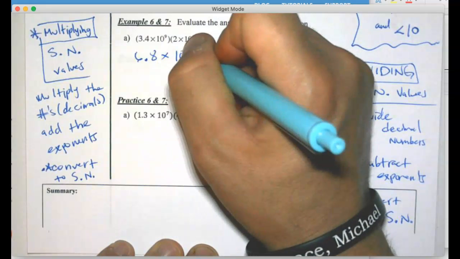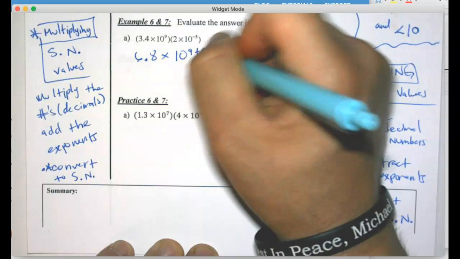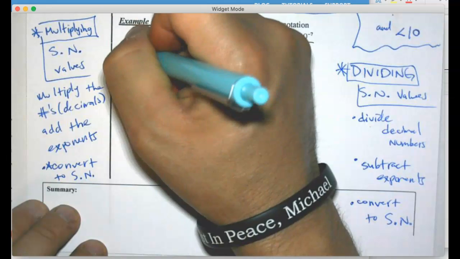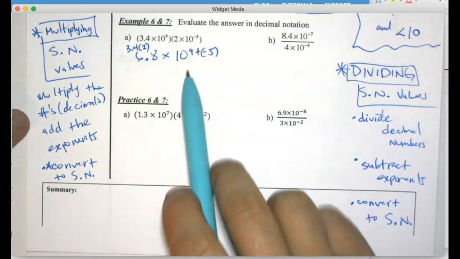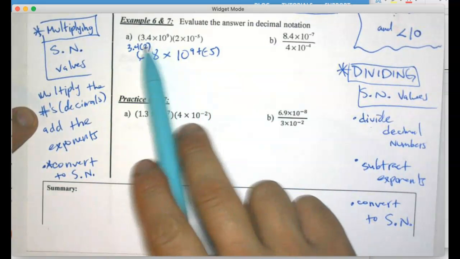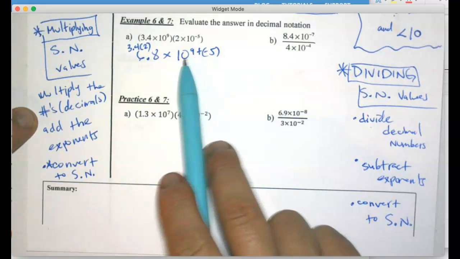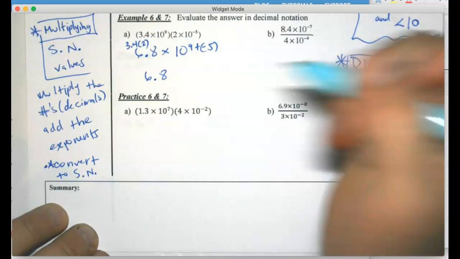I'm just going to add the 9 plus the negative 5. Oh, and sorry, I didn't show it, but I did multiply 3.4 times 2 to get the 6.8. Again, that's multiply the decimal numbers. 3.4 times 2 is 6.8. And add the exponents. 9 plus negative 5, that's 9 minus 5, that's 4.